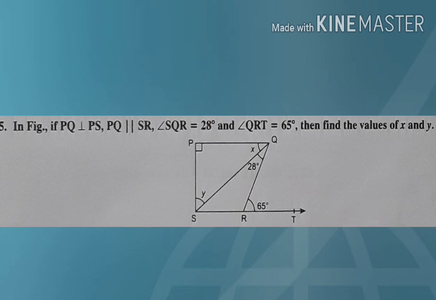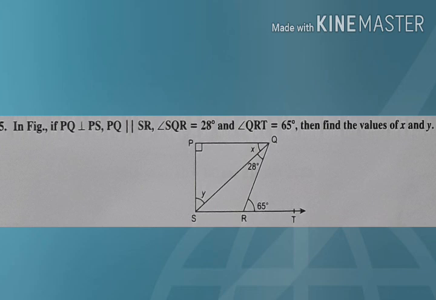Or PQ parallel to ST also we can consider, because that ST we get when we produce the side SR. So PQ parallel to SR means PQ is also parallel to ST. So when we consider PQ parallel to ST and the transversal QR, then we get angle PQR equals angle QRT, by the property of alternate interior angles.